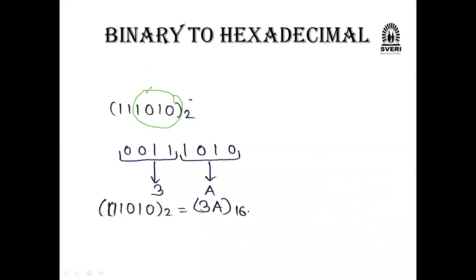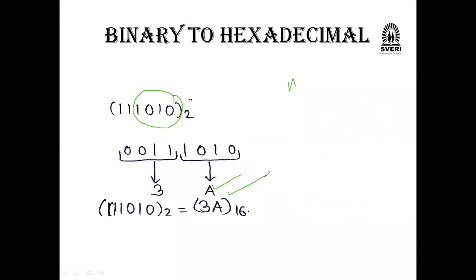So apply the 8421 formula. 8 plus 2 is 10. 10 in hexadecimal is A. So we can write A here. Here only one term is left, so add 2 zeros before it. 2 plus 1 is 3. The conversion is 3A. It is nothing but 3A.